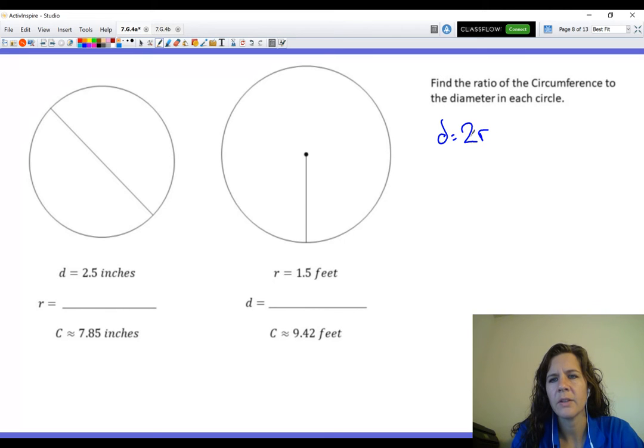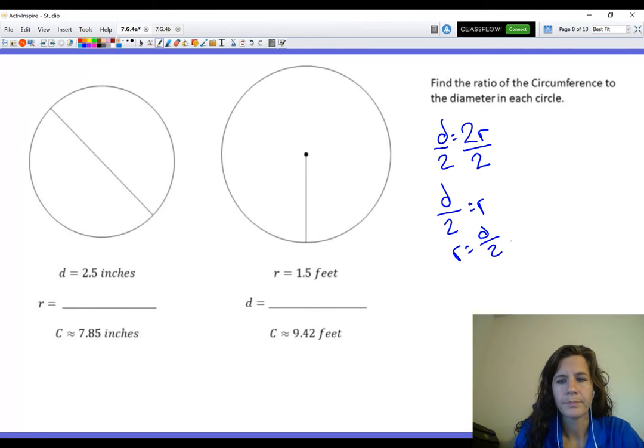If we want to get this by itself, 2 and the radius are being multiplied. So in order to use inverse operations and isolate the r, we want to divide by 2, but whatever we do to one side, we have to do to the other. So the diameter divided by 2 equals radius, or you could say radius equals diameter divided by 2.